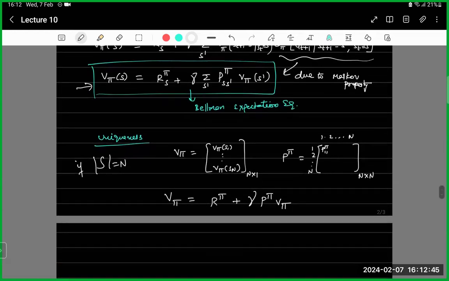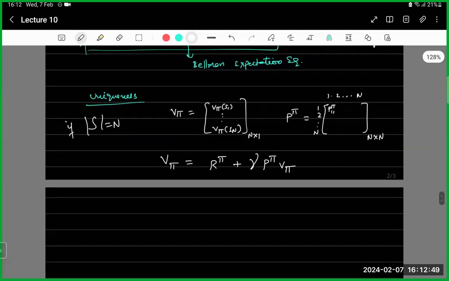Now can we make it into Ax equal to b form? So what will it be? We'll get V pi equal to, if you just do it correctly, you'll get this. So I'm just rearranging to get this form.